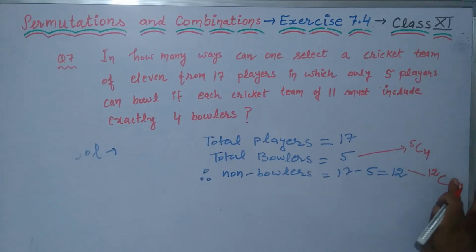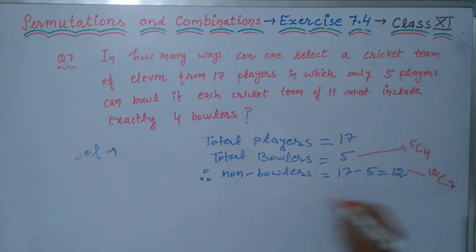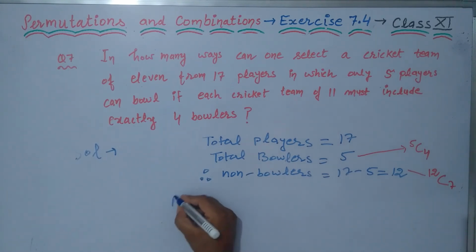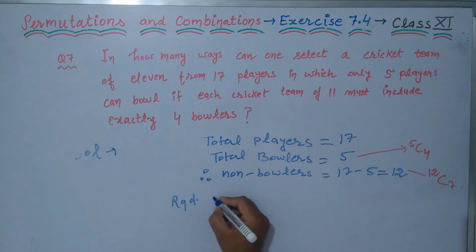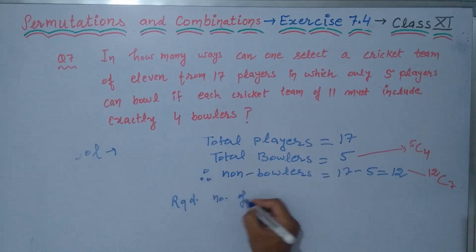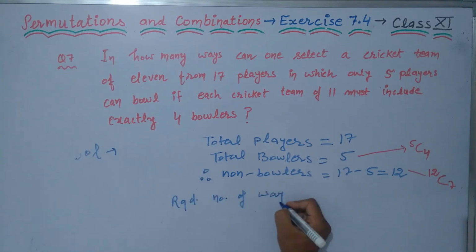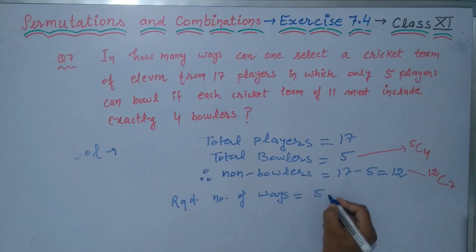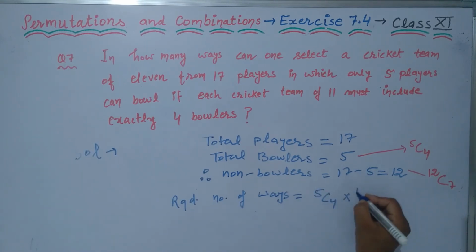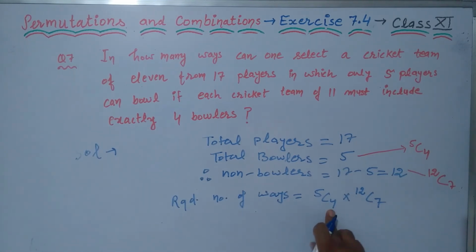So this way 7. Therefore what we write here, required number of ways is equal to 5c4 into 12c7, right? 7 plus 4, 11. This way we can make a team of 11 players.